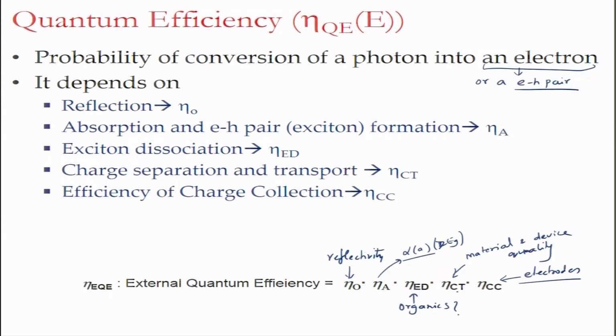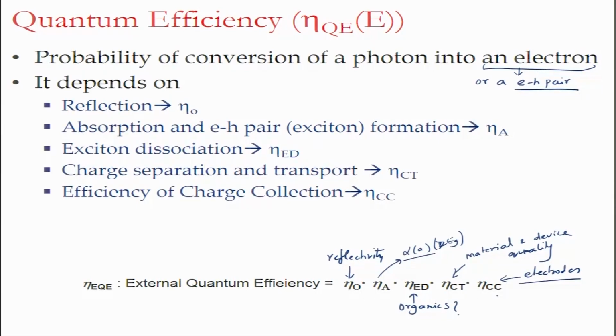Then we have charge transport, which you need to maximize so that charges are not lost or impeded on the way, which is determined by material and device quality. And then we have electrodes which come into the picture, because the kind of energy levels, the kind of conductivity of electrodes, the kind of interfaces they make with the solar cells is very important in charge collection.